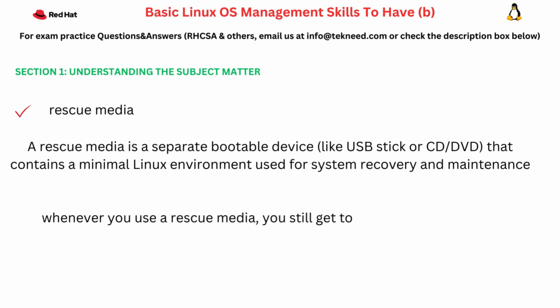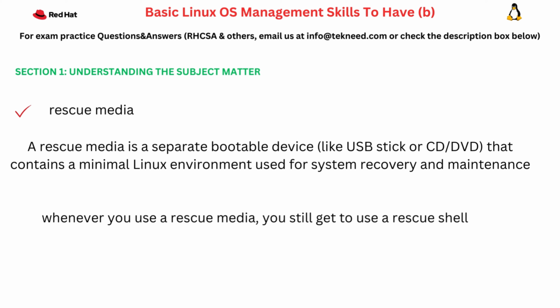It can be a USB stick, an ISO image, or a CD/DVD drive that contains a minimal Linux environment used for system recovery and maintenance. So you boot your computer from the rescue media, bypassing the installed OS entirely. And this is useful, like I said, if the installed system is so damaged that it cannot boot into any of these modes, including rescue or emergency mode.